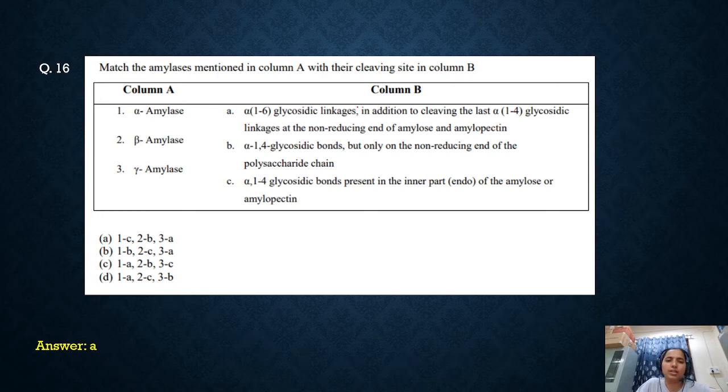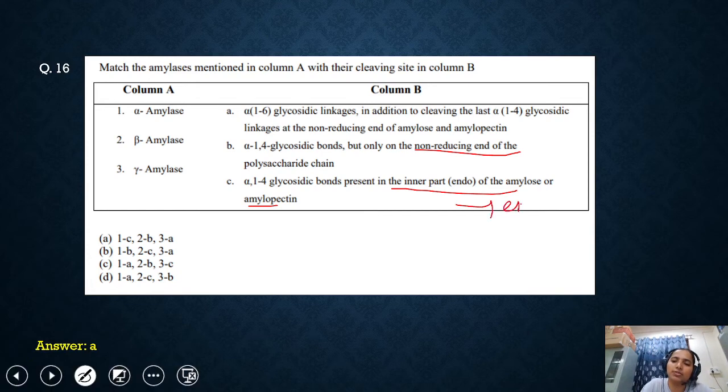The second option is the alpha 1,4 glycosidic bond, but only at the non-reducing end of the polysaccharide chain. The third option is alpha 1,4 glycosidic bonds present in the inner part of the amylose or amylopectin. That is why it is sometimes called an endoamylase.